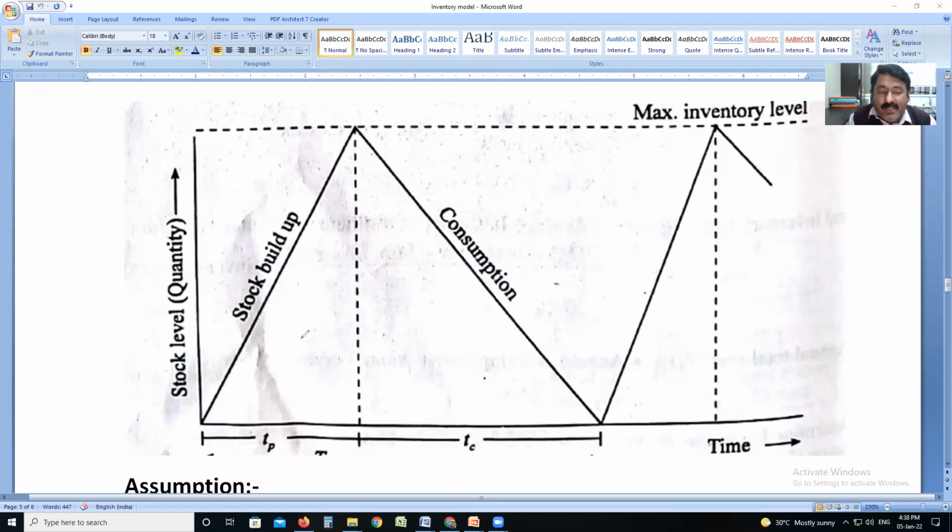In the last case, replenishment was a straight line. Here the stock is continuously built up, and at the same time the consumption is also going on. It is not the case that consumption is not there until the stock is built up. So up to this point the stock is built up, and this is, you can say, the time for production.